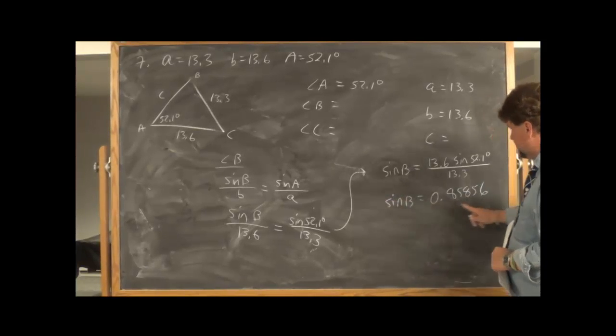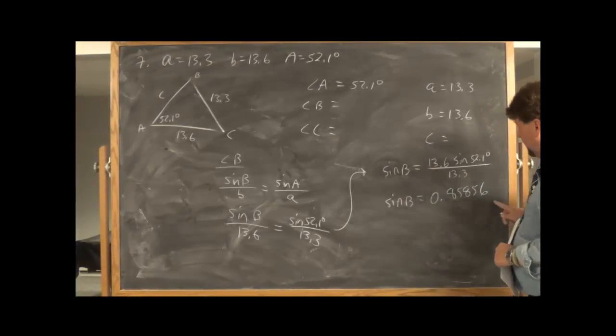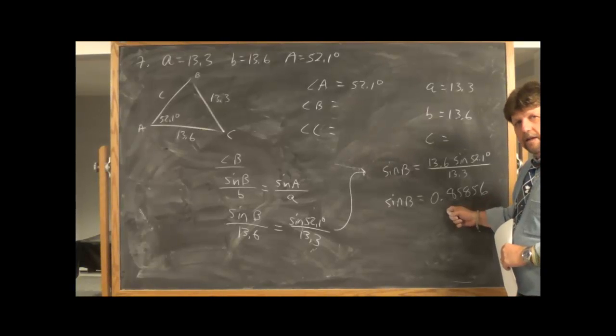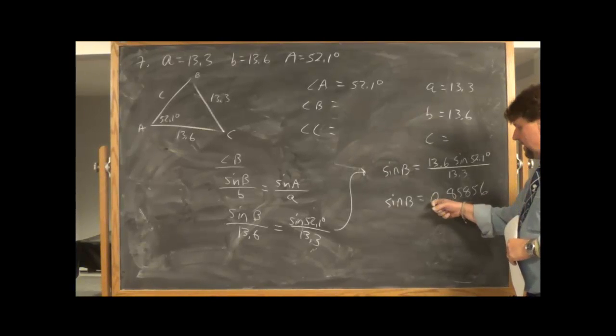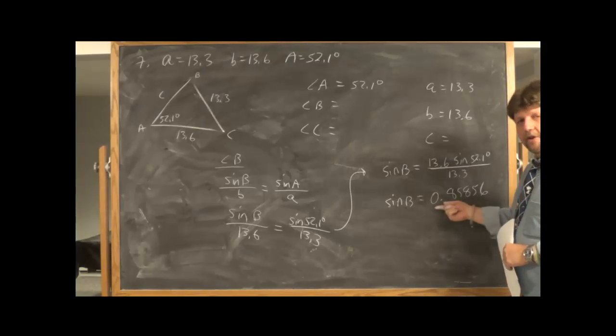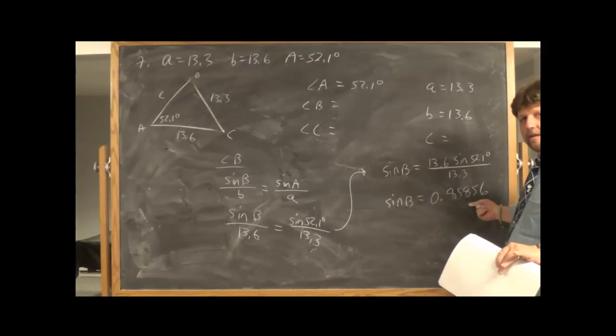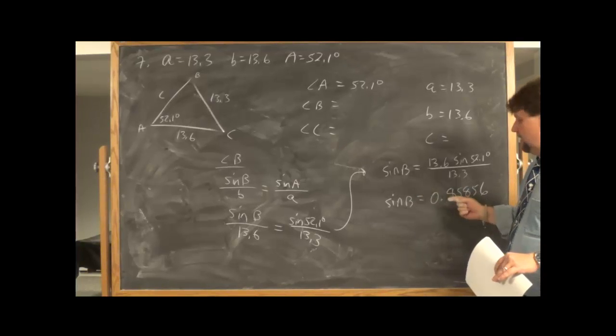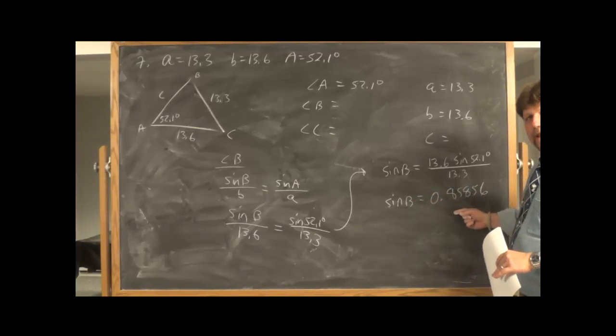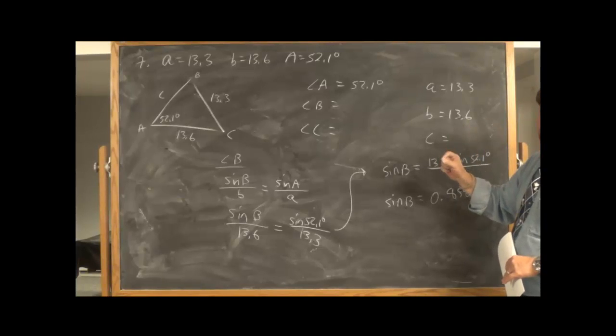This equation, this line right here, it's a really important line. Here's why. If this number happened to be larger than 1, I'm done. There'd be no solution to the equation. If there's no solution to the equation, that means there would be 0 triangles.